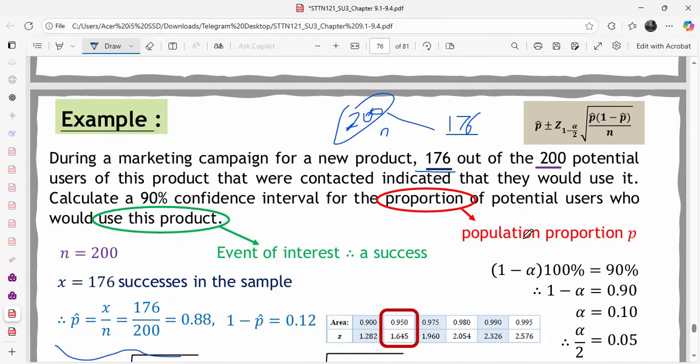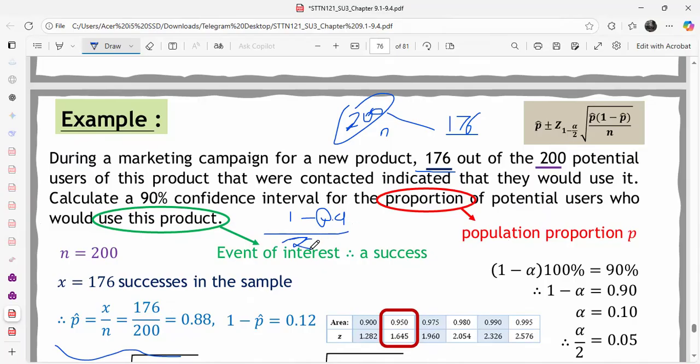Now, they said calculate the 90% confidence interval for the population proportion. Remember, for this one, 90% is going to be 1.645. How did they get 1.645? You say 1 minus 0.9, and then divide by 2.